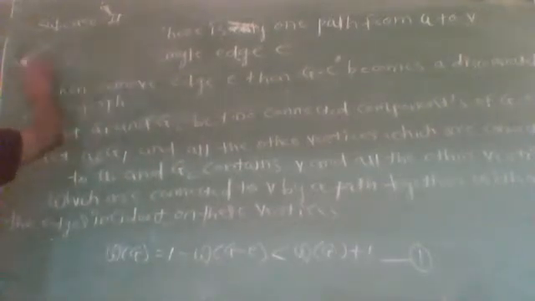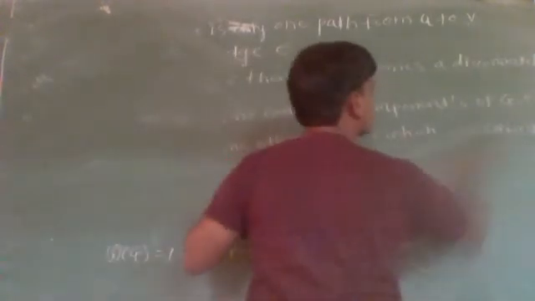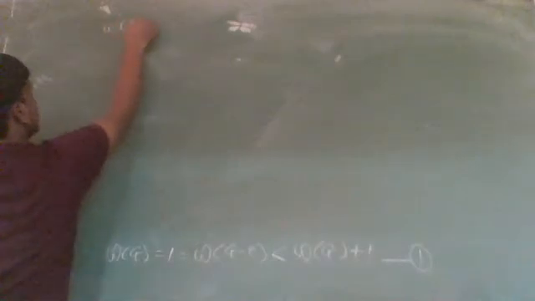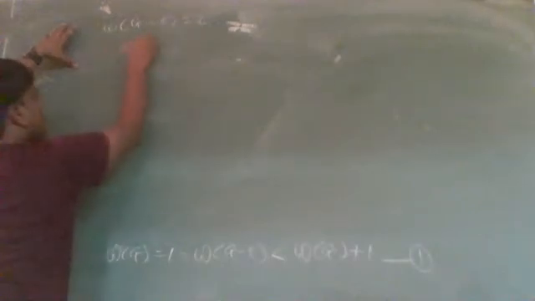Now, as G minus E is a disconnected graph and it has two connected components G1 and G2, components of G minus E will be equal to 2. And as G is a connected graph, components of G will be equal to 1.